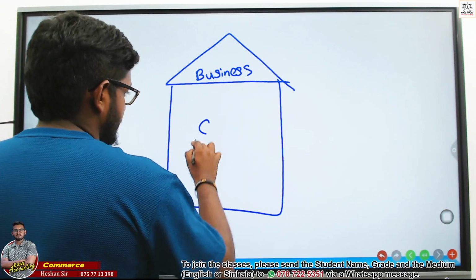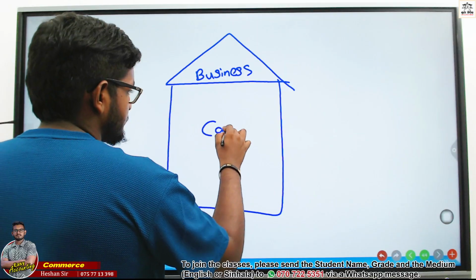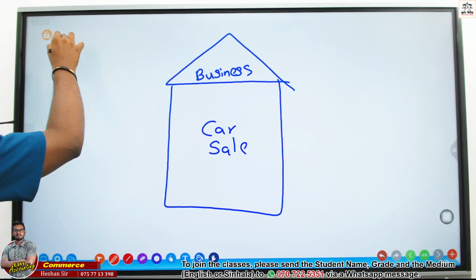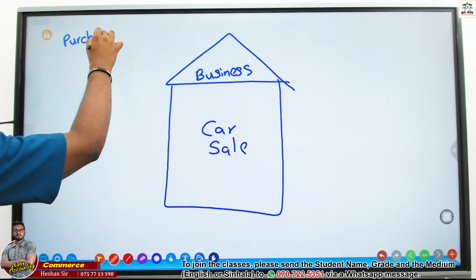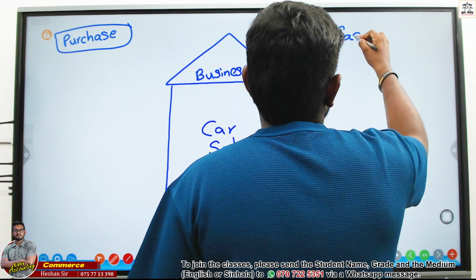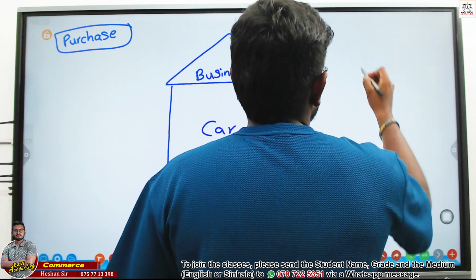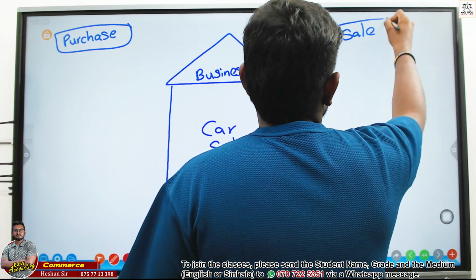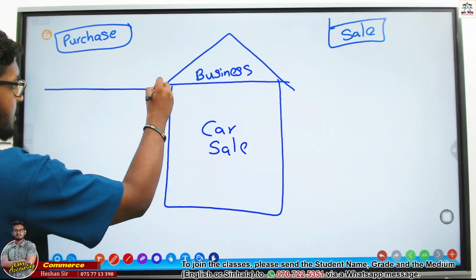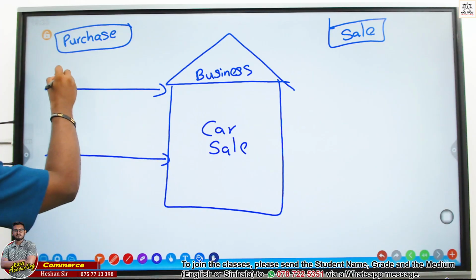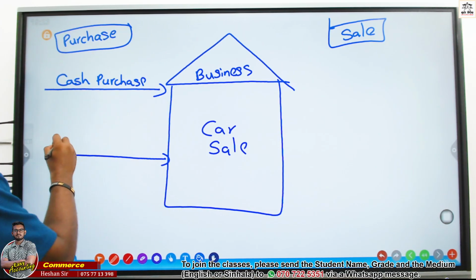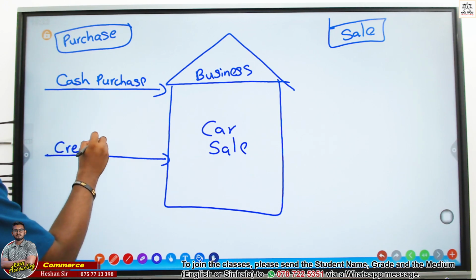A car sale business purchases cars and sells cars to customers, not for its own usage. This purchase can happen in two ways: cash purchase and credit purchase. What is the term called cash purchase?